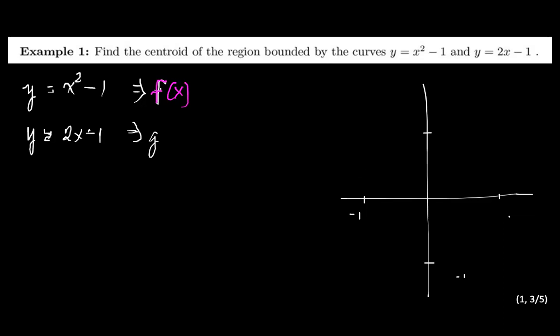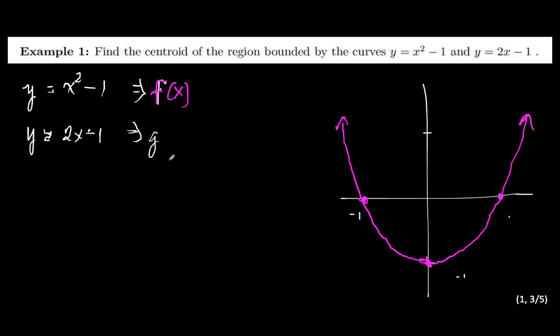X squared minus 1 is a parabola that opens upward, and its vertex is at 0, negative 1, or at the y-axis, and it intersects the x-axis at negative and positive 1. There we go. Okay, so let's sketch the graph of the parabola. There we go.